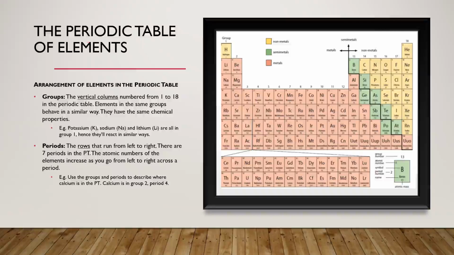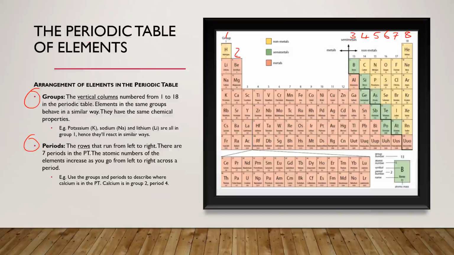Okay guys, so the next thing in the periodic table of elements is the arrangement of elements. So there's two main things that we need to remember, and that is just groups and periods. Now groups are the vertical columns numbered from 1 to 8 in the periodic table. So firstly, we are just going to work with 1, 2, then we're going to name 13 to 18 as 3 to 8, so 3, 4, 5, 6, 7, 8, and you should write this on your periodic table.